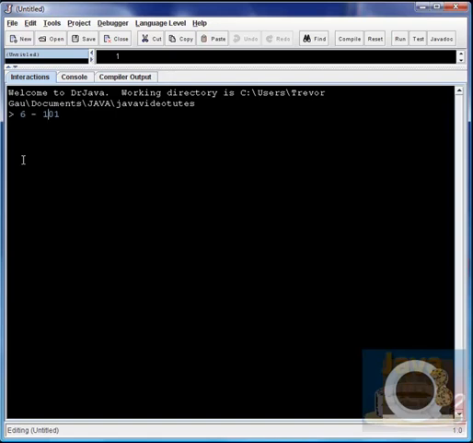6 is going to be 1, 1, 0. 4 plus 2 is 6, and plus 0 is still 6. Okay, so let's move to 7. And 7 is 1, 1, 1. So we have 4 plus 2 plus 1 equals 7.